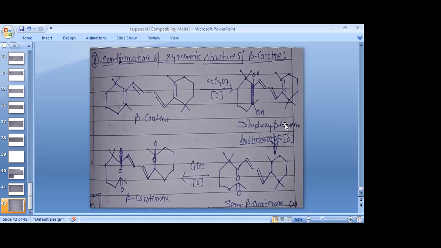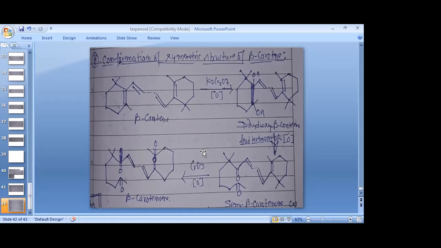So here dihydroxy beta carotene, when oxidized with lead tetraacetate, converts into semi beta carotenol, right? So they convert into this type of compound. First dihydroxy and then carotenol, right? Semi beta carotenol.